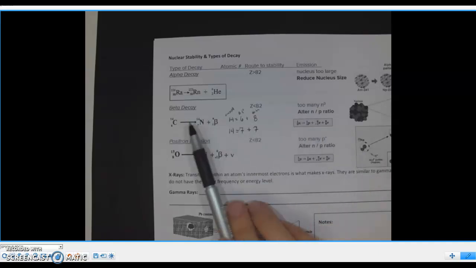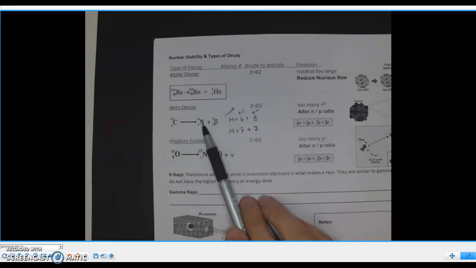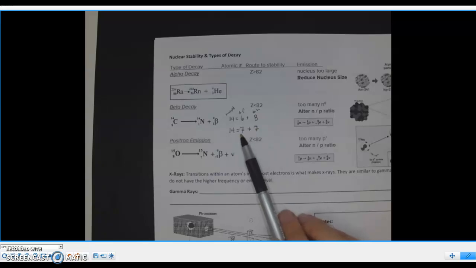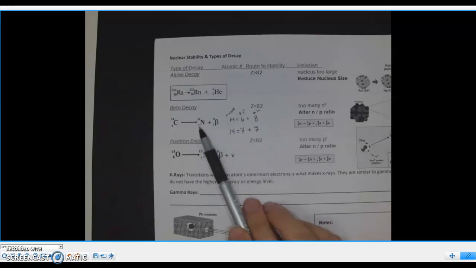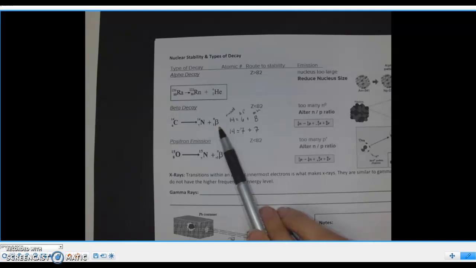And that's what we see here, saying when carbon-14 decays through beta emission, a nitrogen is formed, which has a mass number of 14. That didn't change. And an atomic number, number of protons, of 7. And that's what makes it nitrogen. We go to our periodic table, we find atomic number 7. That's nitrogen. And then what is also emitted is beta radiation.